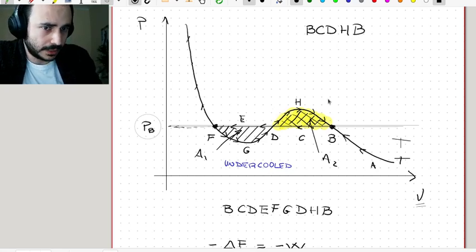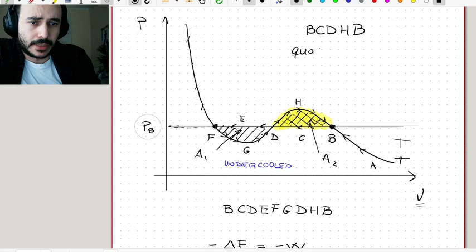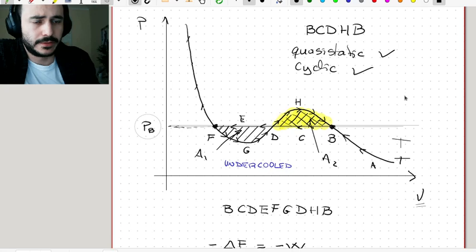That cyclic process there. And then I think about it. Okay, so it's a quasi-static process. So I will write it. It's quasi-static. Yes, it is. It is cyclic. It sure is cyclic. Fine. And it's even isothermal. Why? Because I'm always sitting in an isotherm. Okay, so it's isothermal.